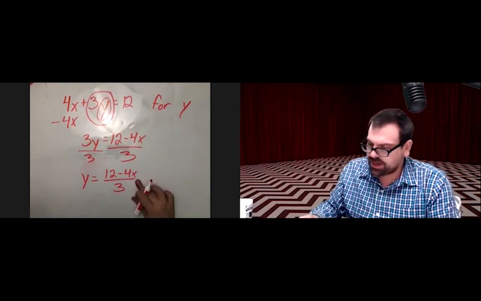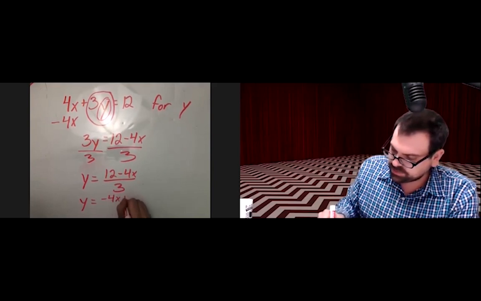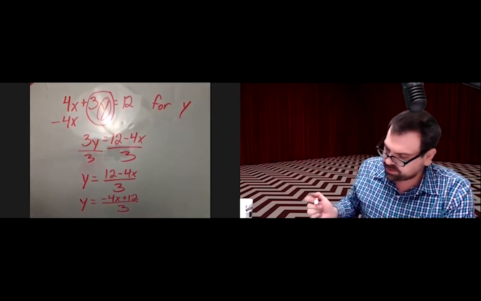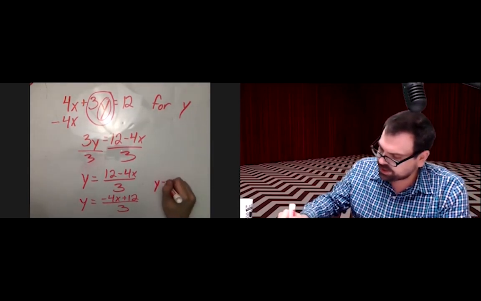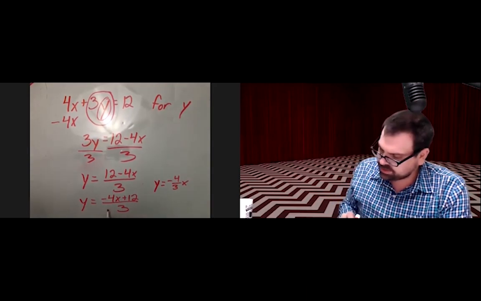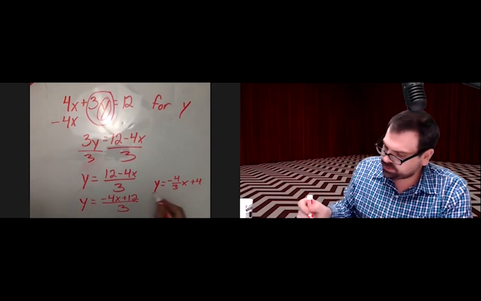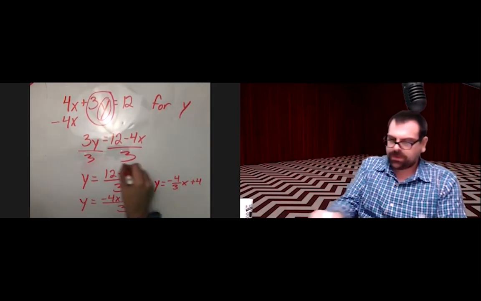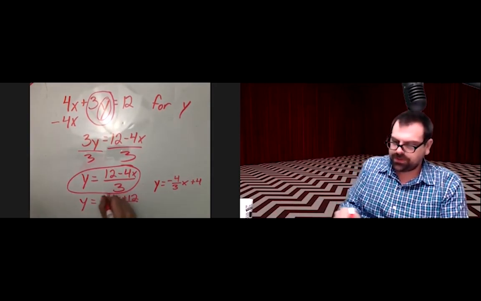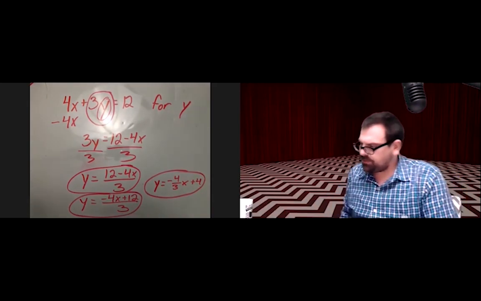That means y equals 12 minus 4x over 3. And I could also write that as negative 4x plus 12 over 3, which I can also write as negative 4/3 x plus 4. So there's the 3 forms the answer could be.